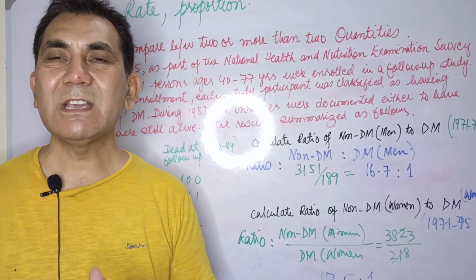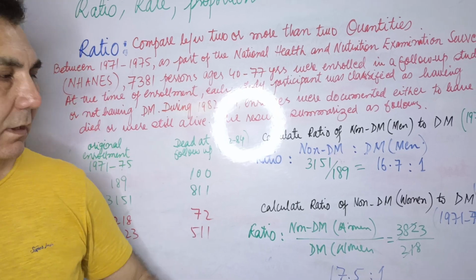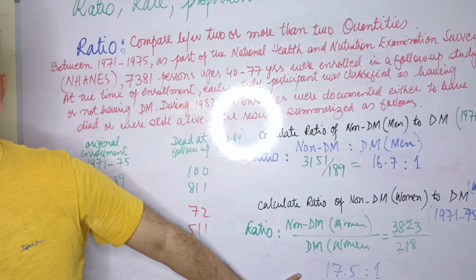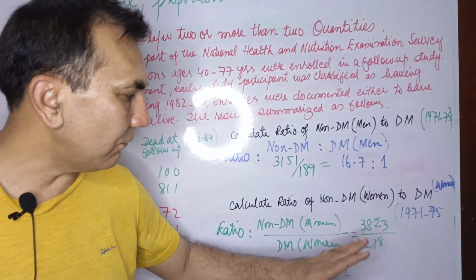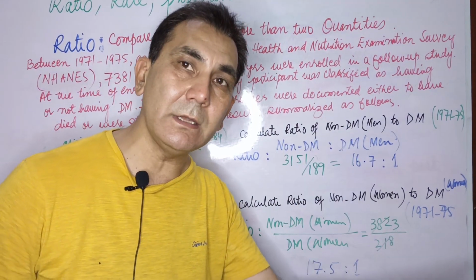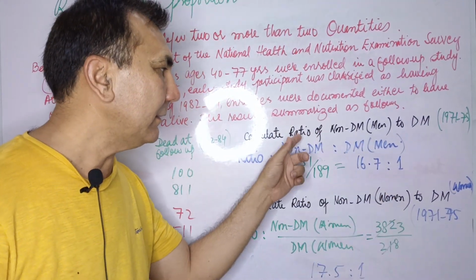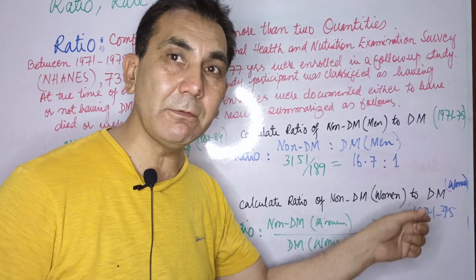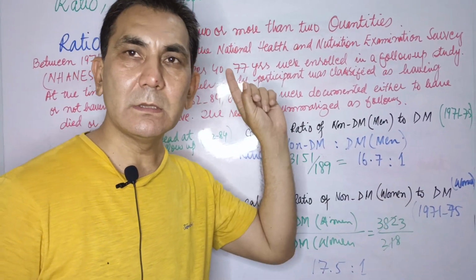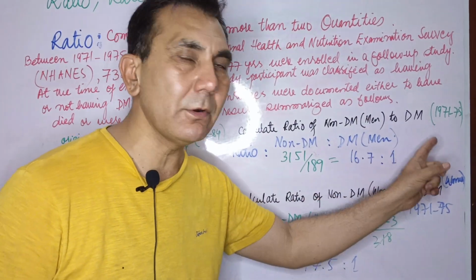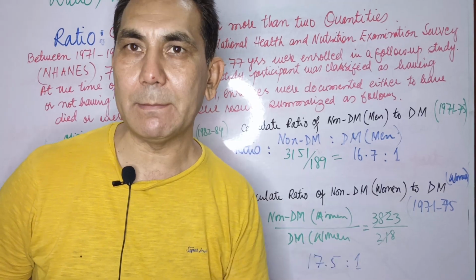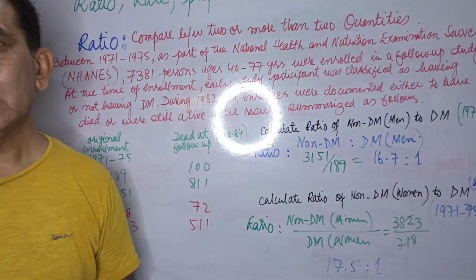This means 17.5 non-diabetic women compared to 1 diabetic woman, and 16.7 non-diabetic men compared to 1 diabetic man.